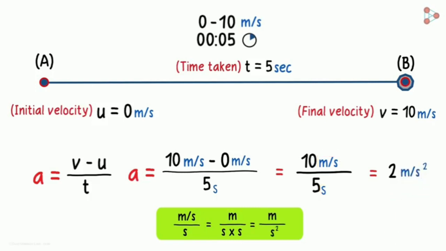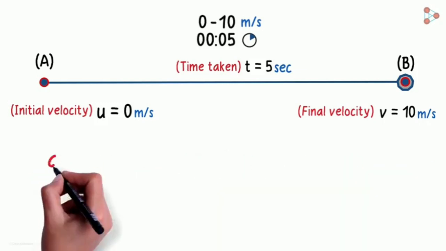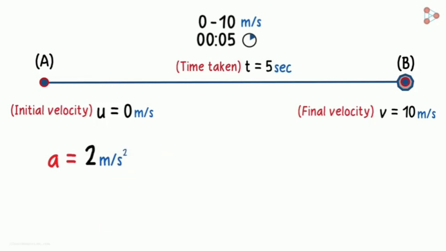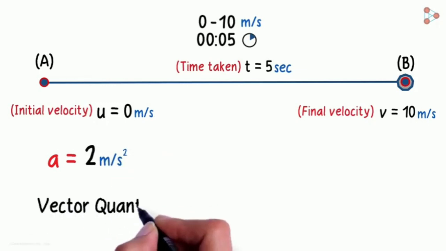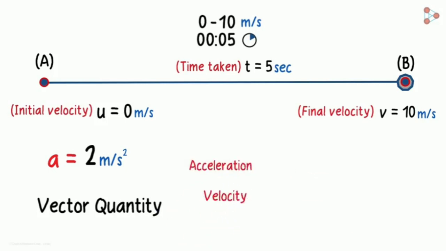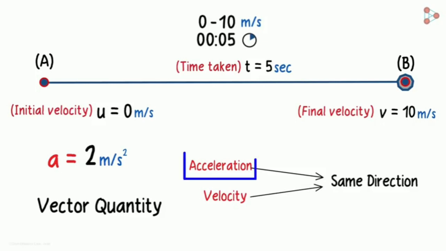So m upon second square, or you can say meter per second square. So the acceleration we get here is 2 meter per second square, and it is a vector quantity. Here acceleration and velocity are in the same direction.